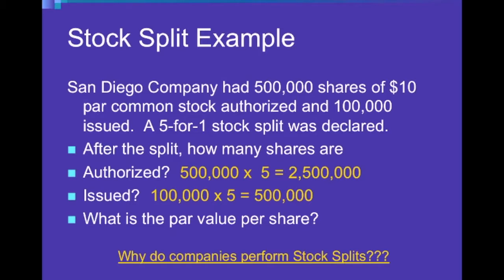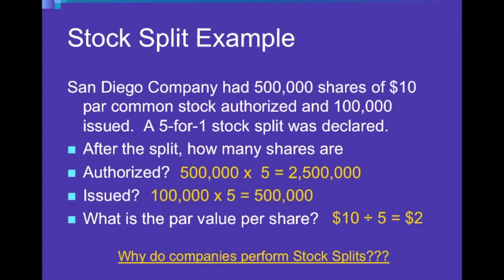That rule still exists. Therefore, the par value has to change inversely to the number of shares that are issued and authorized. That means instead of multiplying the par value by 5, I'm going to divide it by 5 to figure out what the new par value of the stock would have to be. So $10 divided by 5 tells me the stock now has a par value of $2.